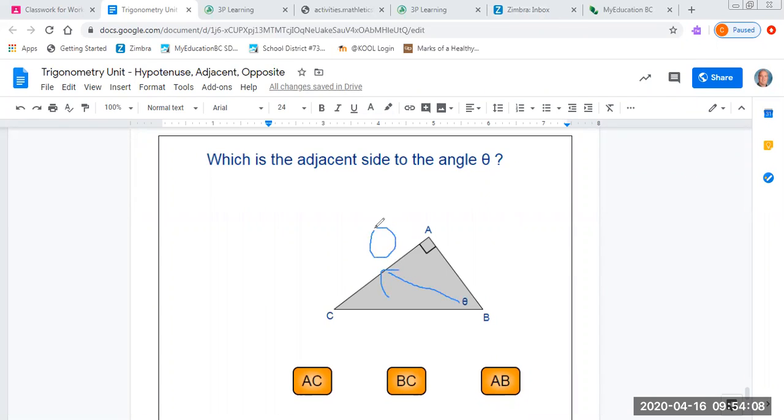We have the hypotenuse, which is directly opposite the right angle. And then the leftover side, the one that is not opposite of theta and is not the hypotenuse, has got to be this side here. Therefore, that is side AB, so the answer to this is AB. Hopefully that makes sense to you.